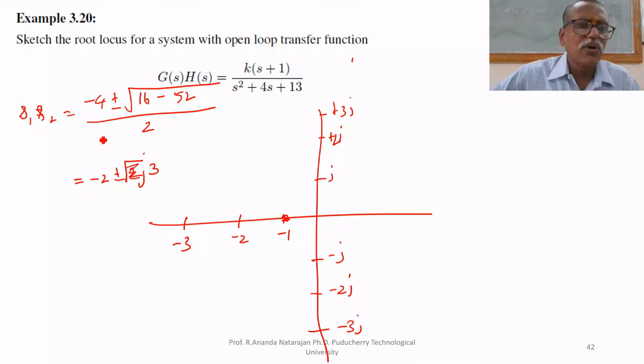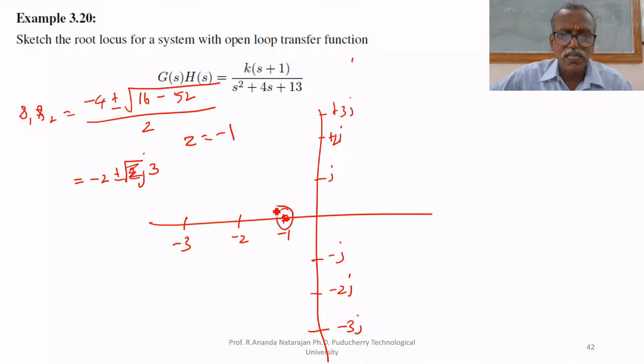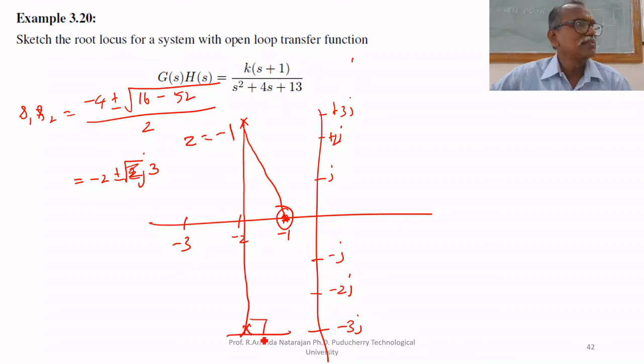The zero is at s equal to minus 1. Poles are at minus 2 plus j3, and the other pole is here. Therefore, we have to find the angle of departure. How to find it? The line joining this and this you have to find.